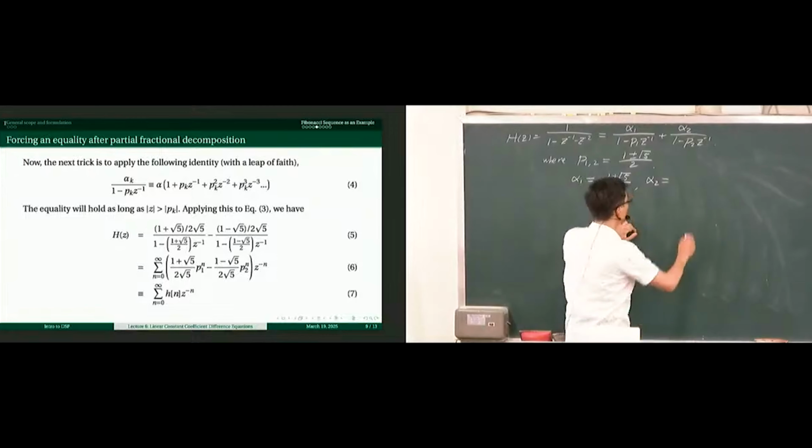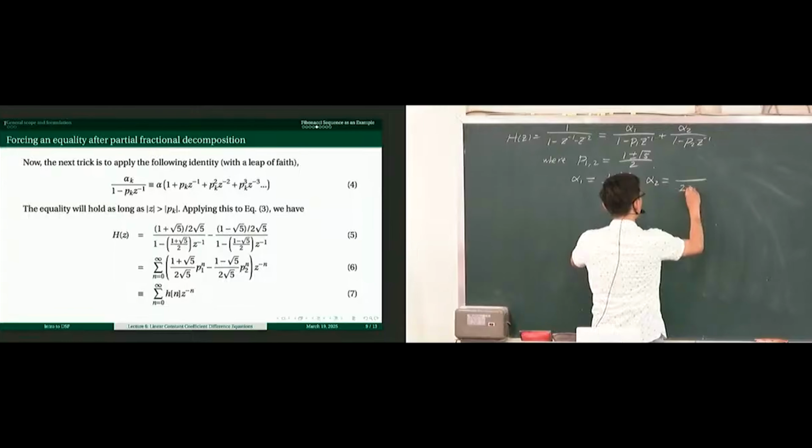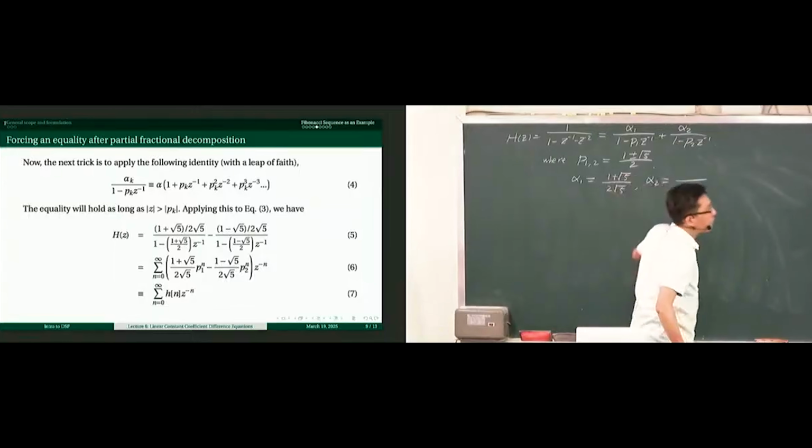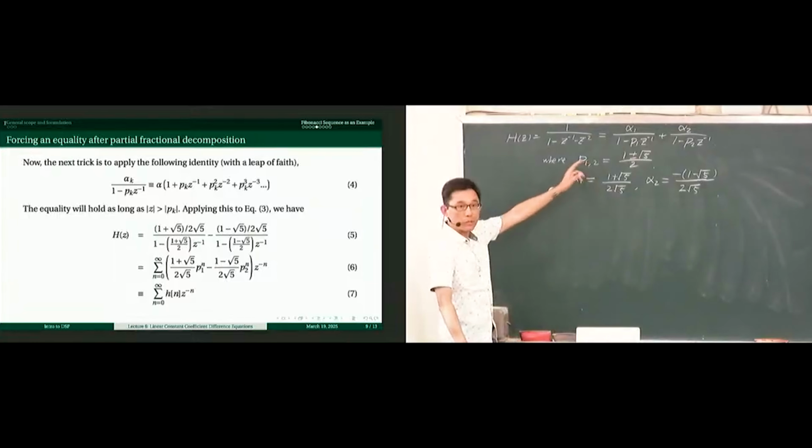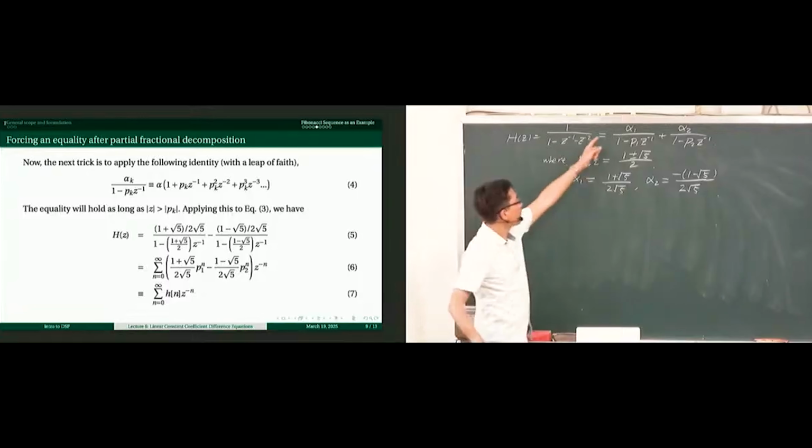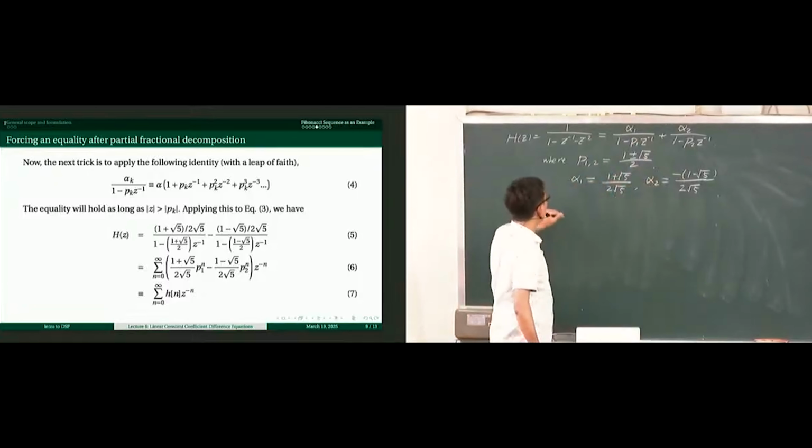Alpha 2 turns out to be in the same form, with a minus sign, 1 minus square root of 5. So everything now is explicit. We know all the factors: alpha 1, p1, alpha 2, and p2. But then what's next?